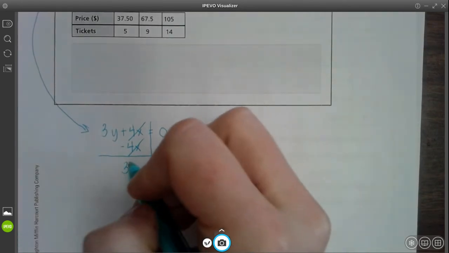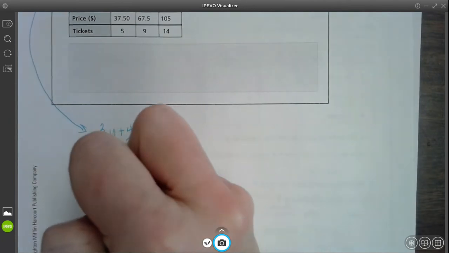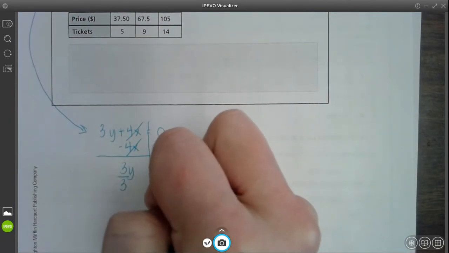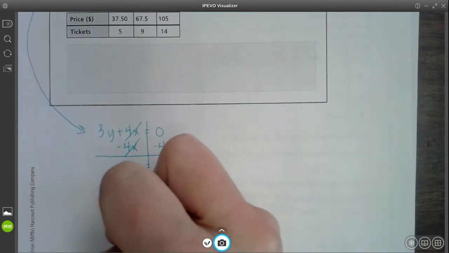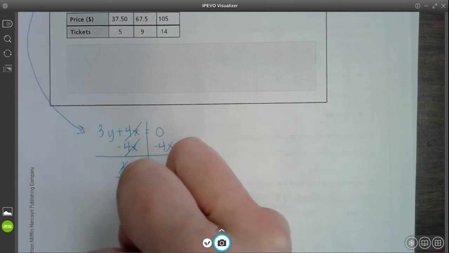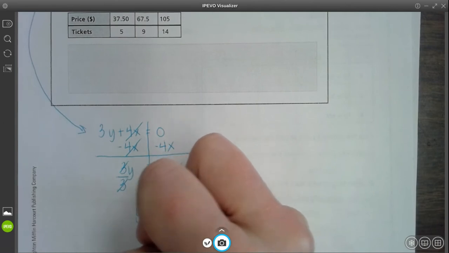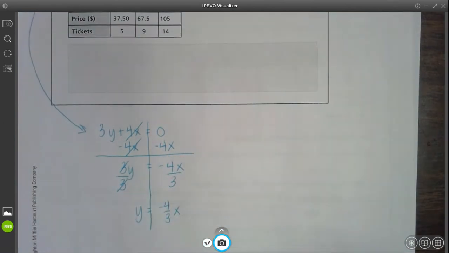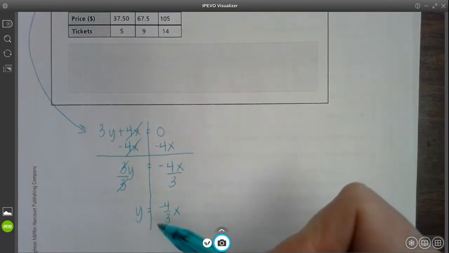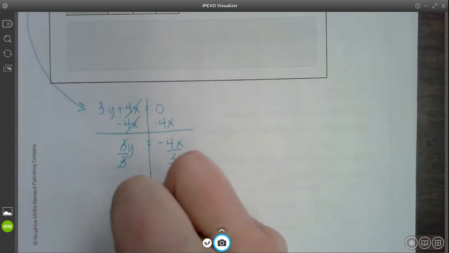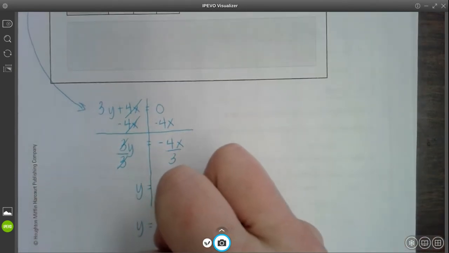Okay, one more thing I have to do to get y by itself, I have to get rid of the 3. So 3 is multiplied on, so I'm going to divide by 3 on both sides. And I'm left with y equals, now again, I can just pull the fraction part out in front, and that's negative 4/3 x. Okay, so is this in the form y equals k times x?